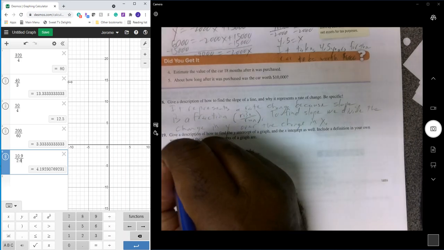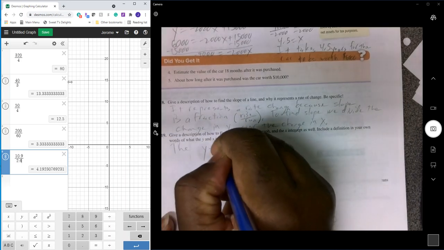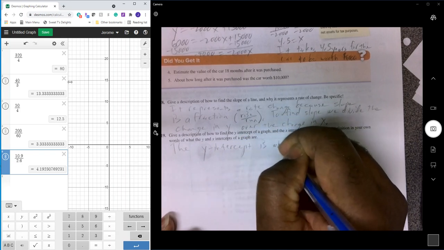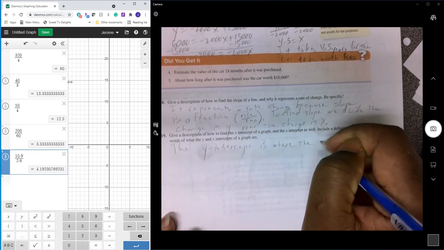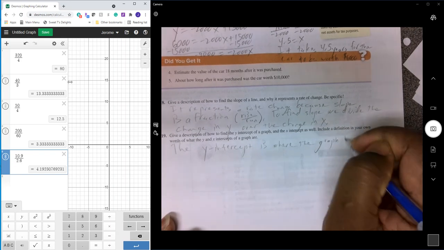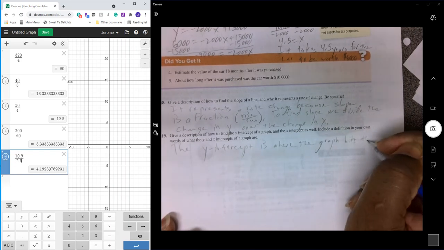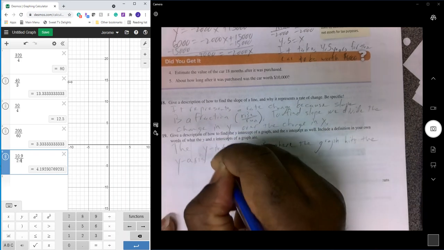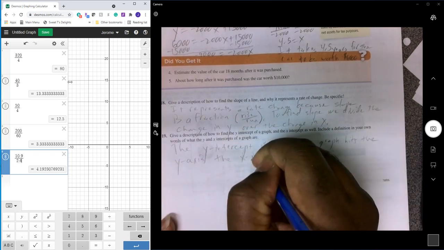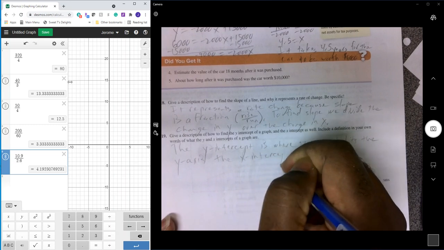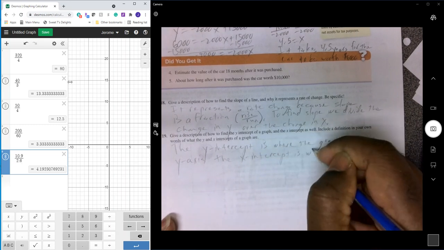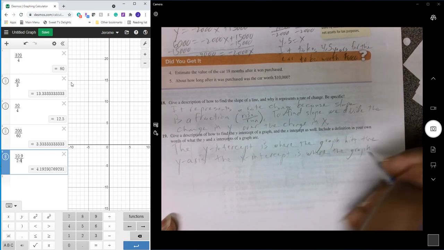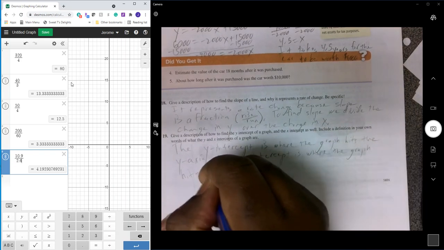So first, let's do that. The y-intercept is where the graph hits the y-axis. The x-intercept is where the graph hits the x-axis.